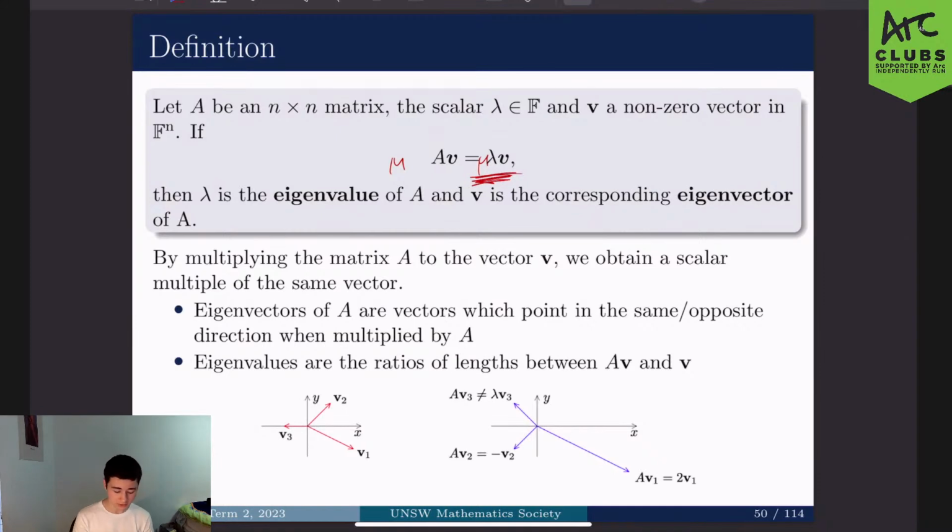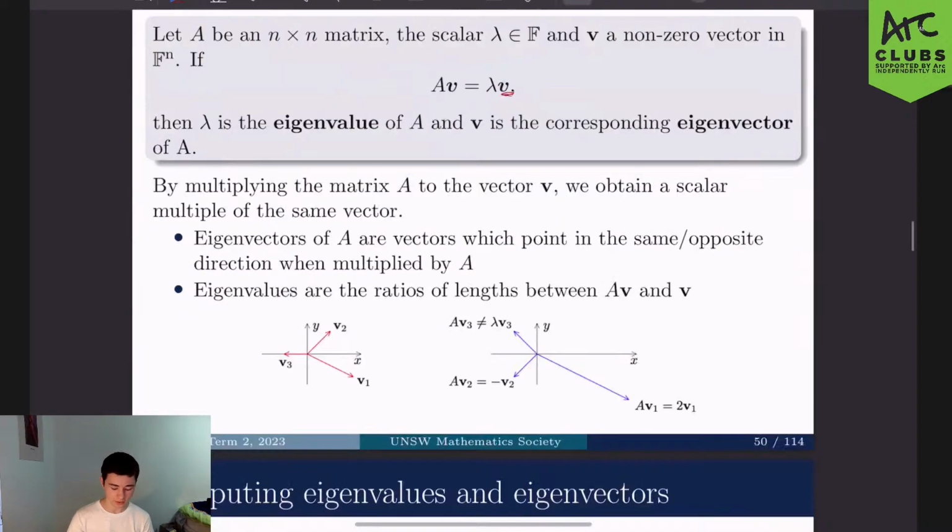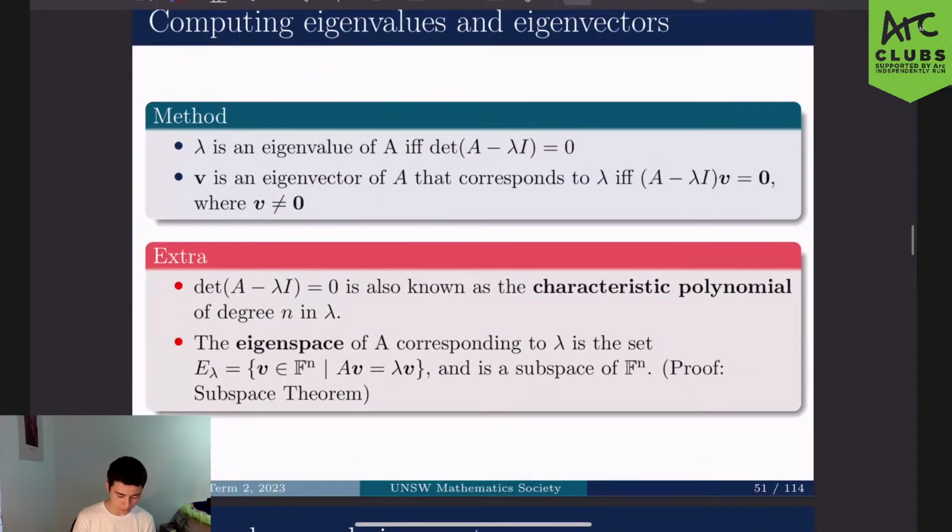Essentially, by attaching this mu to the vector, we have A mu V equals lambda mu V. From this, we can easily distinguish that the eigenvector is part of a span, some span of vectors that constitute what V can be. We call this the eigenspace. The eigenspace of A is really just the range of vectors.